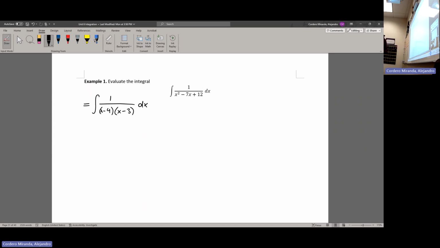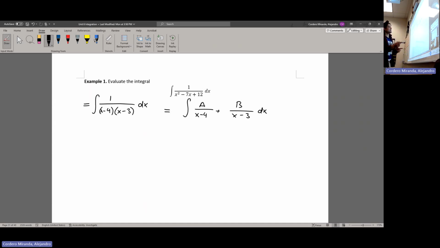Then, because of what I told you earlier, people smarter than us figured out that you can break down this fraction into two fractions, because of the two factors here, that look like something I don't know yet over x minus 4, plus something I don't know yet over x minus 3.